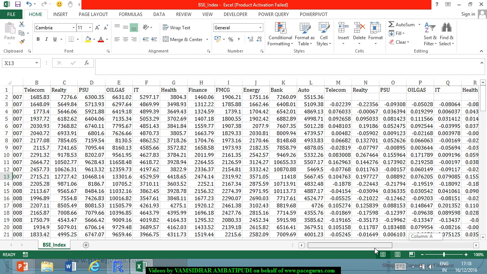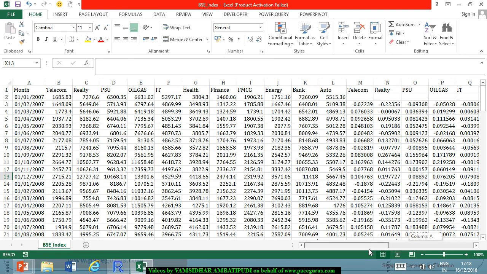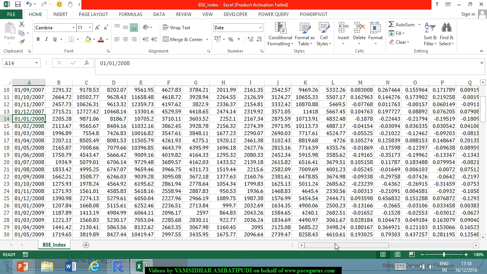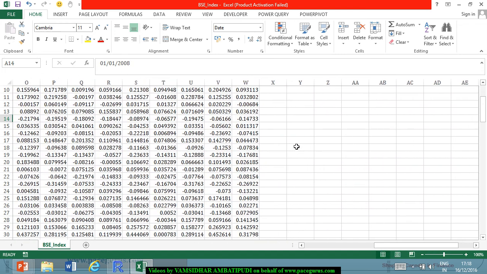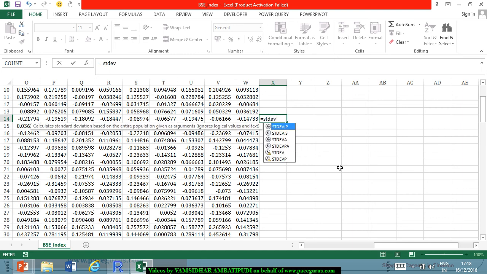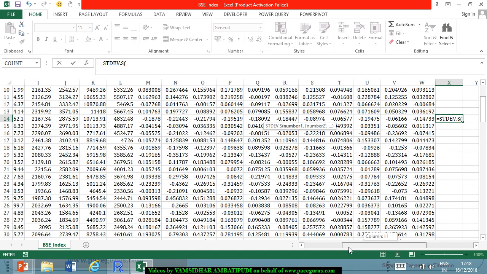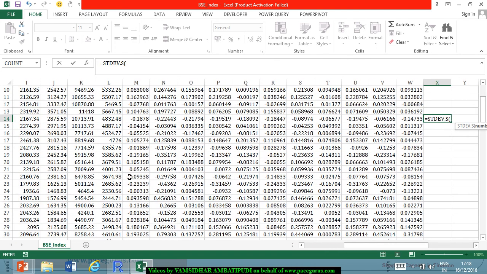So let me take the standard deviations for 2008. 2008 means probably from row number 14 to row number 25. So let me take the standard deviations for row number 14 to row number 25 for each of the sectors. Let me take this particular sector and see what the standard deviations have been for 2008.